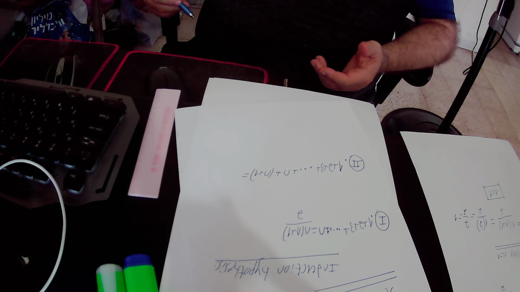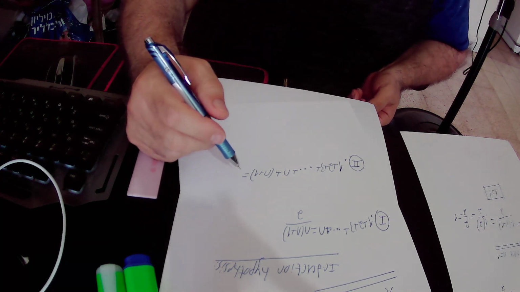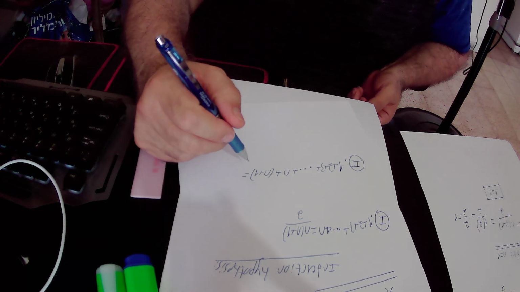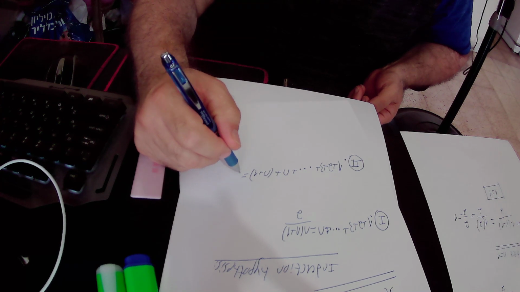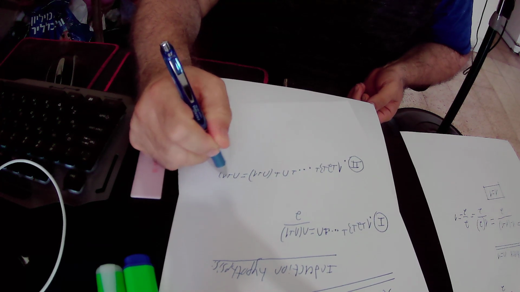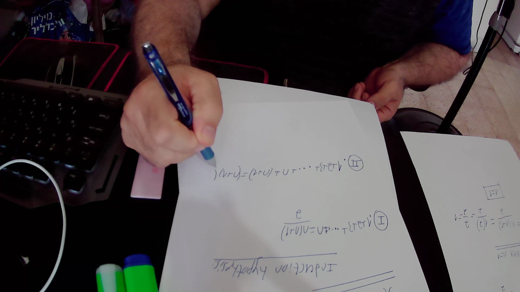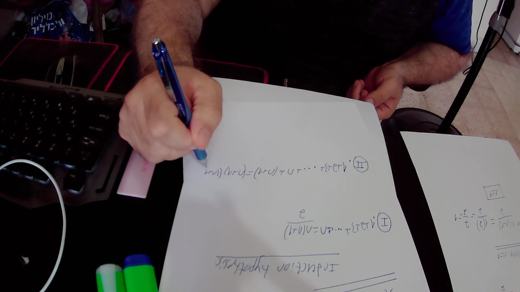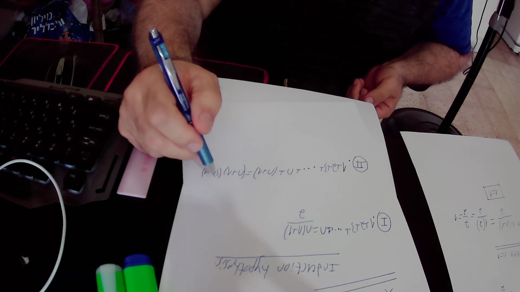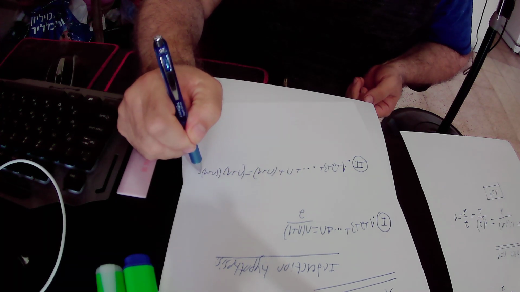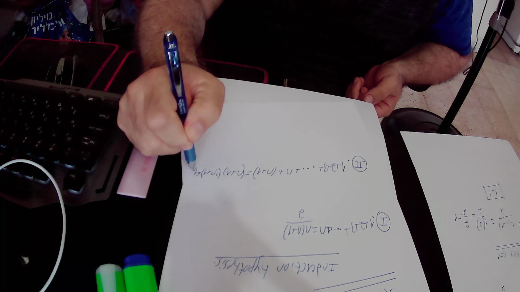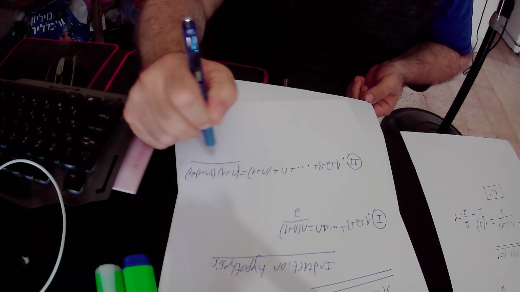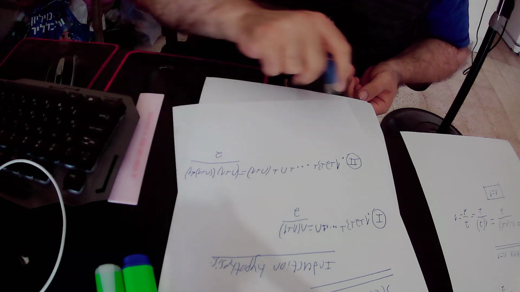It will be n plus 1 times, in the brackets, n plus 1 plus 1, all divided by 2.